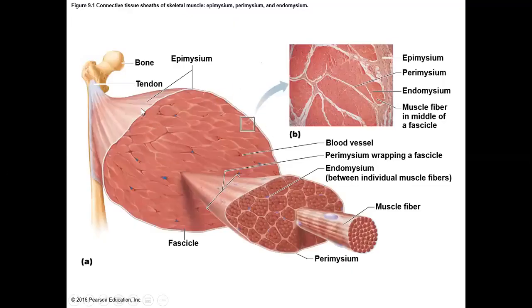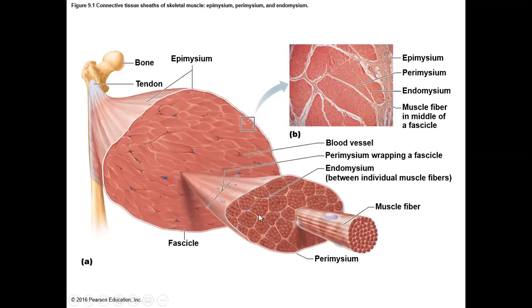All right, here we go. Whole muscle, that's the femur. So what is this, one of the quadriceps? Around the whole muscle is the epimysium. And then groups of these muscle fibers bound together, this is your perimysium. And we call this grouping a fascicle.